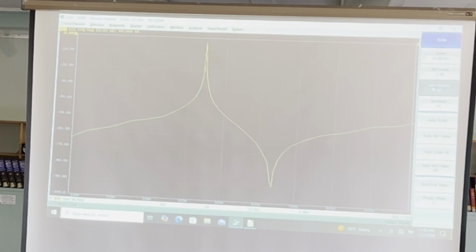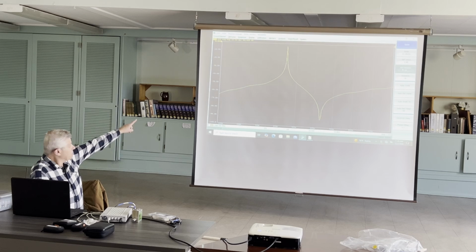Interesting. I've got this sweeping out to a gig, right? And this is a 450 filter. I have this tuned up right now, I believe, for the input frequency of the 443.725 machine. And you see there's a sharp peak there.